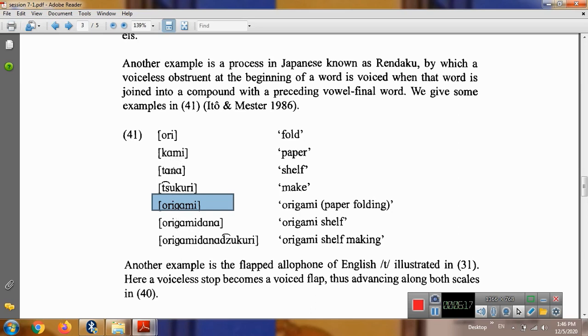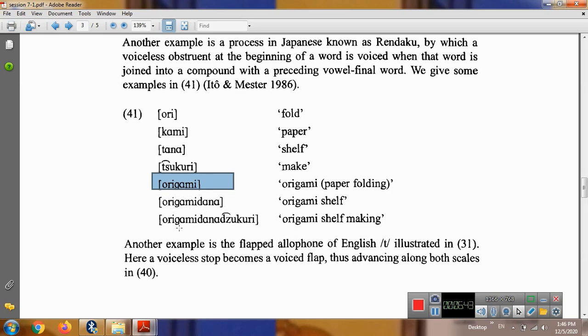And here we have tana, which turns to dana. It means that t, which was the voiceless dental or alveolar sound, turns to d, which is a voiced sound. When the voiceless sound becomes a voiced sound, we have lenition too. Here we have two lenitions in this word.